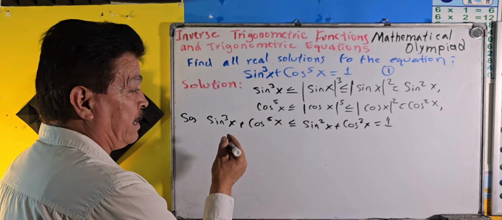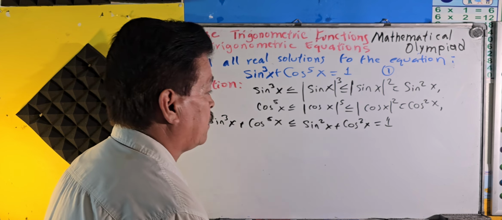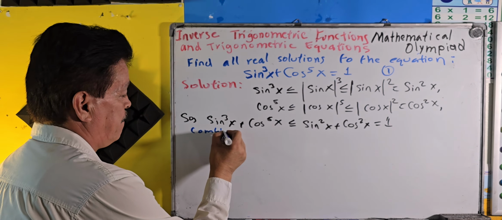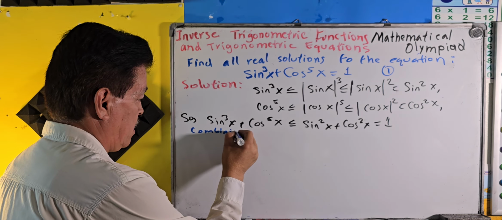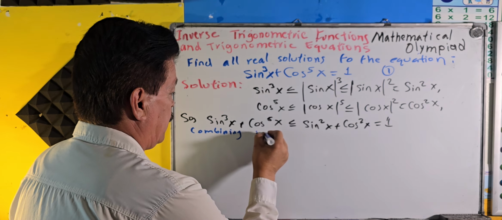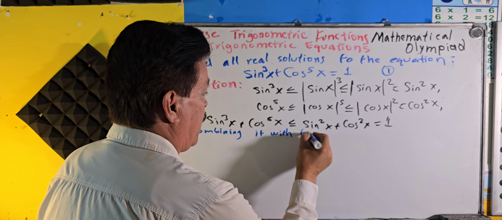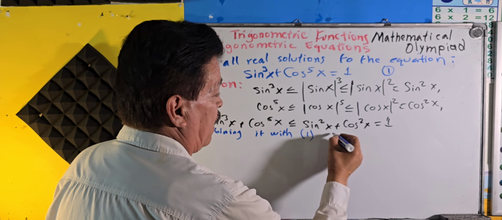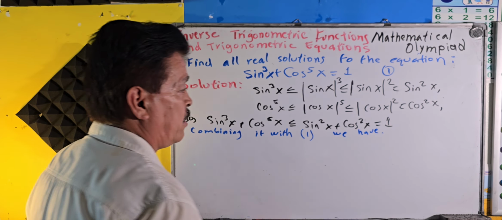So now we have to combine this. Combining it with 1, so we have 1 there. So I write it.